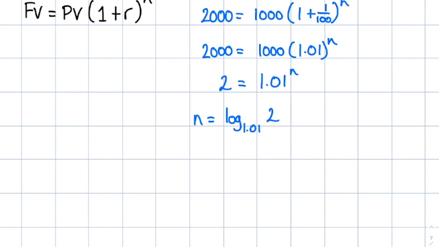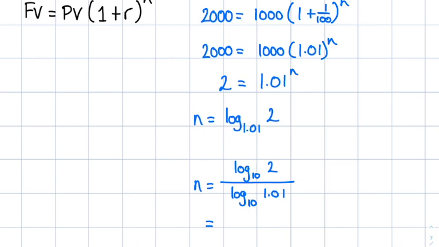1.01 is our base, so it's our denominator. 2 becomes our numerator. We've got log on our calculator, so I'm going to use log. So n is going to equal log base 10 of 2 over log base 10 of 1.01.